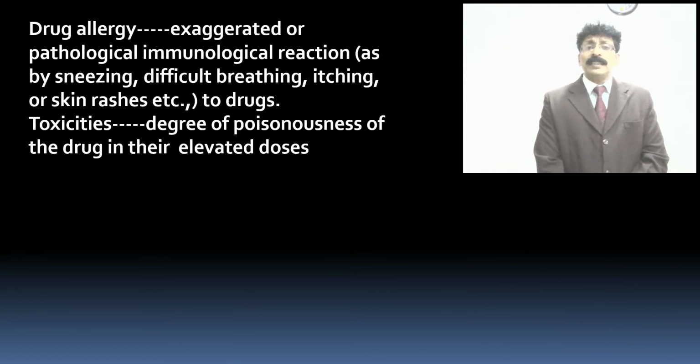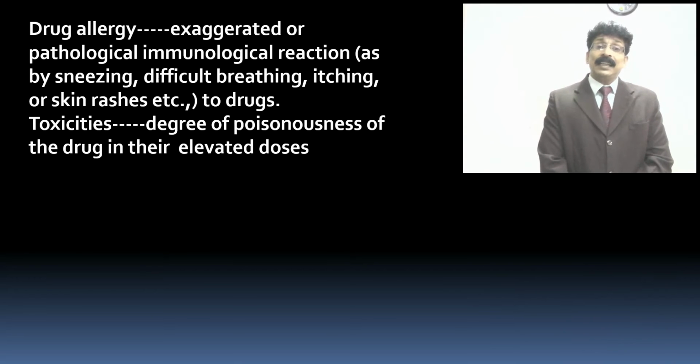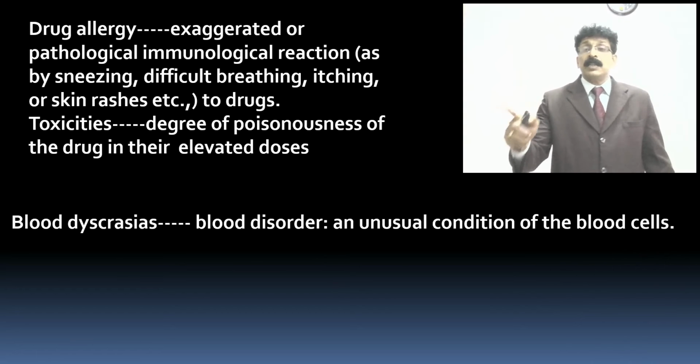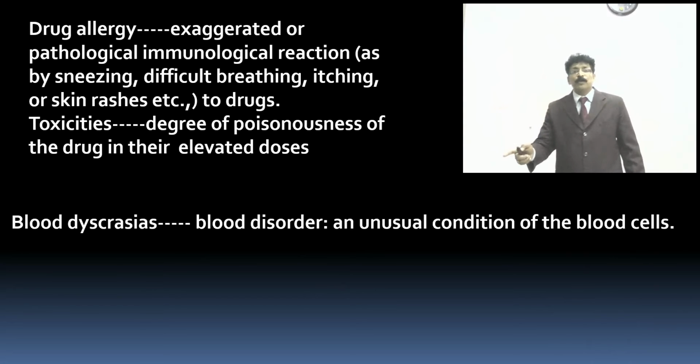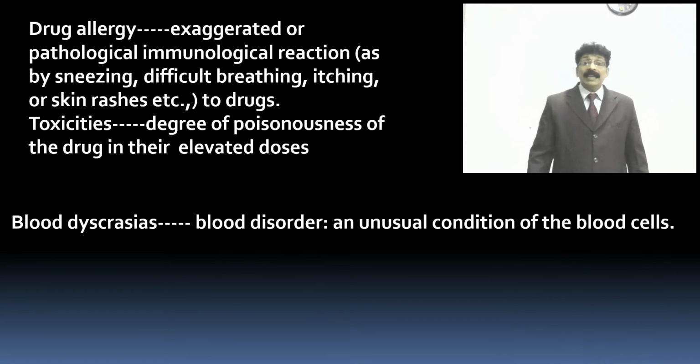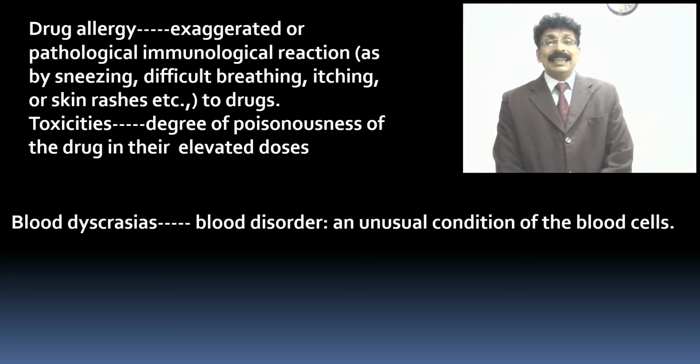Toxicity, the degree of poisonousness of a drug in elevated doses, increased doses, double dose or overdose. These are all toxicities. And blood dyscrasias. What do you mean by blood dyscrasias?